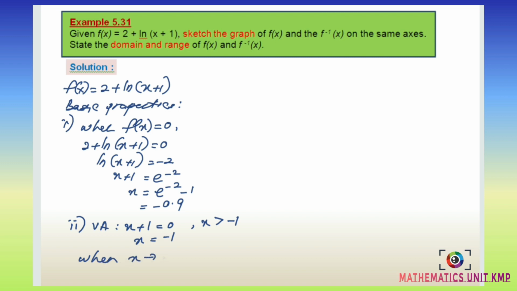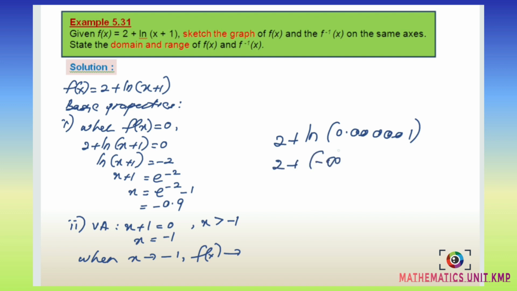When x approaches -1, the graph approaches the vertical asymptote. f(x) approaches 2 + ln(0.000001), that means 2 plus negative infinity, which approaches negative infinity. Therefore, when x approaches -1, f(x) approaches negative infinity.